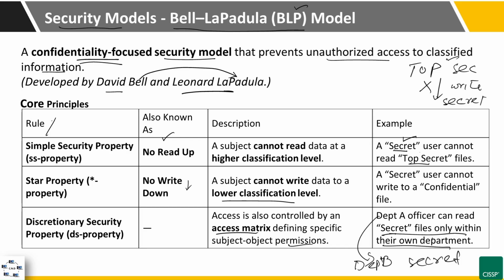This is also known as compartments, or compartmentalization. There are compartments even within the same organization, and they have their own secret files. So one user from one department cannot access secret files from another, even if the user has the secret clearance.